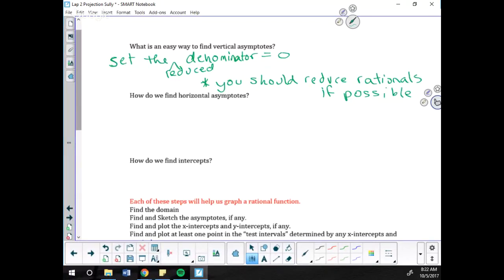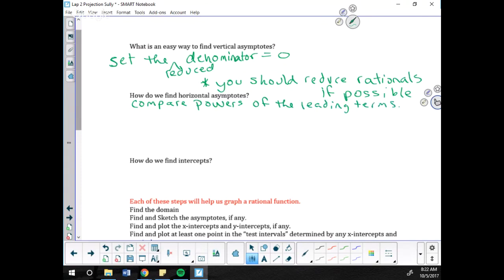Now, what was one way that we just kind of talked about how we could find a horizontal asymptote? Yeah, we divided the coefficients. So the way that you're going to do this is we're going to compare the powers of the leading terms.